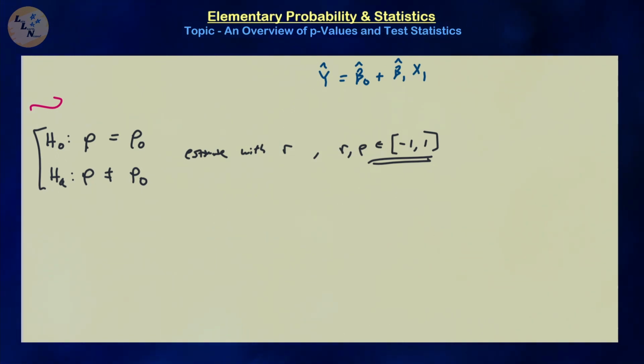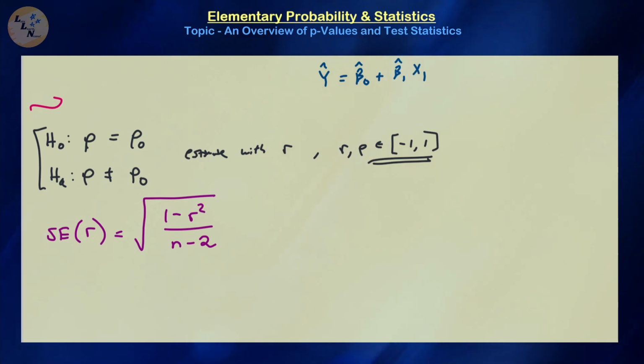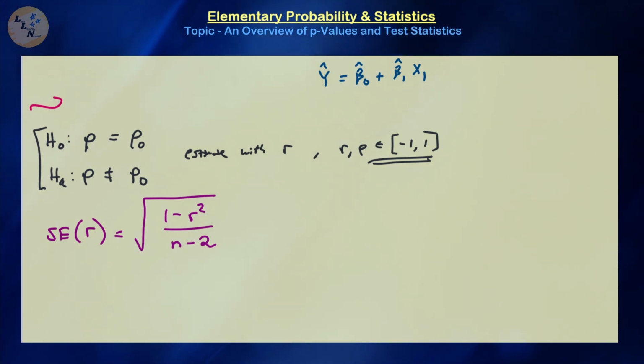So the very first thing we need for this estimator is a standard error. So one can show that the standard error for the sample correlation coefficient is equal to the square root of 1 minus r squared divided by n minus 2. Now, if you are sampling from bivariate normal distributions, then the test statistic that you're going to be using is a t-test statistic.